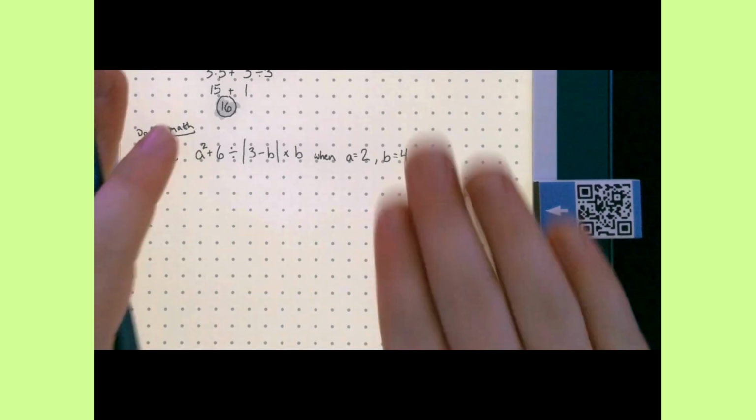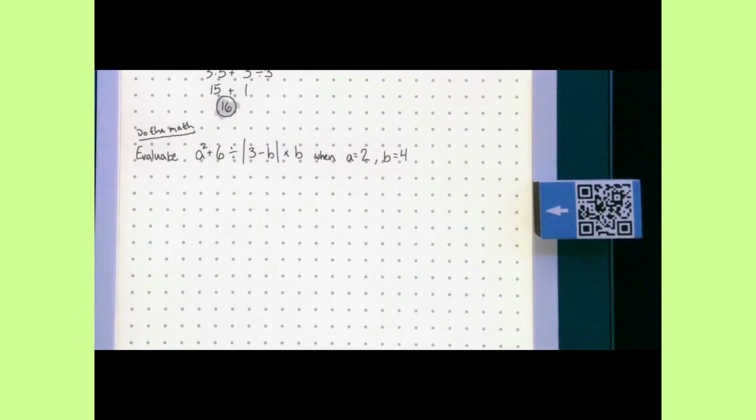So if I just look at this part, I don't know what to do. I have to use a equals 2 and b equals 4. You just substitute in, plug it in, as some people say.